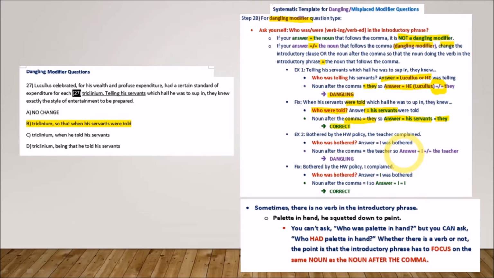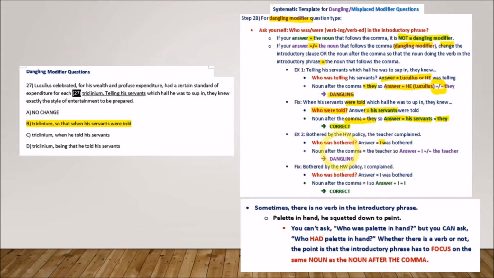Since we just did a present participle introductory phrase, let's do an example of a past participle introductory phrase. "Bothered by the homework policy, the teacher complained." You ask, who was bothered? And your answer is, I was bothered.